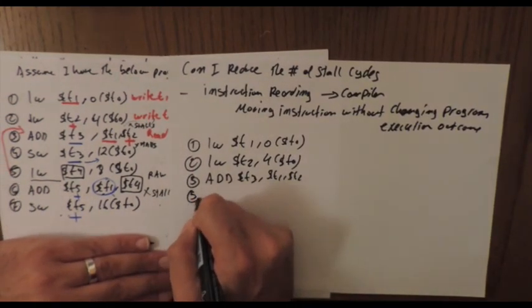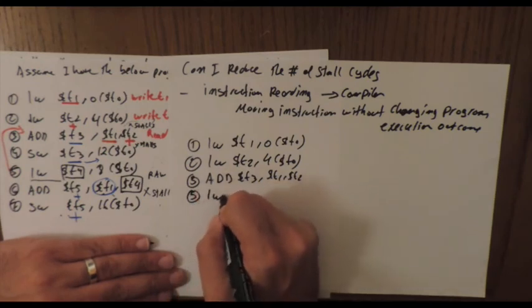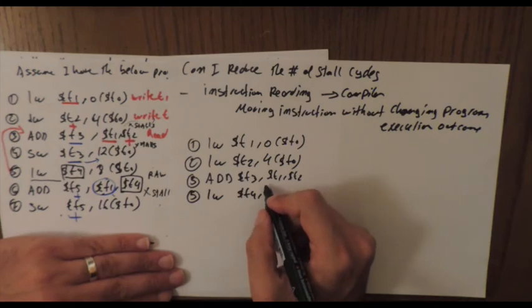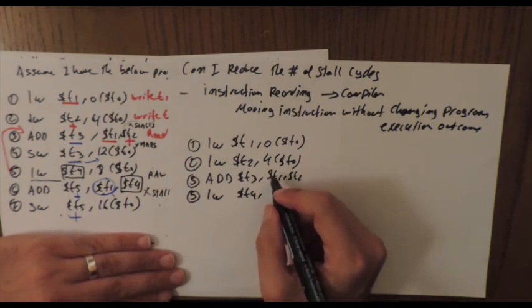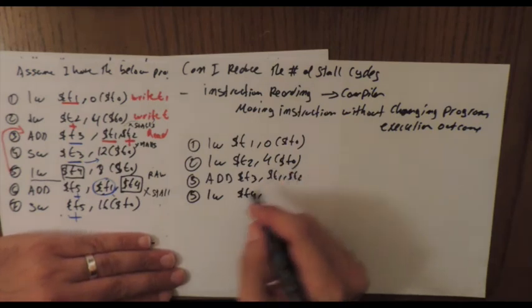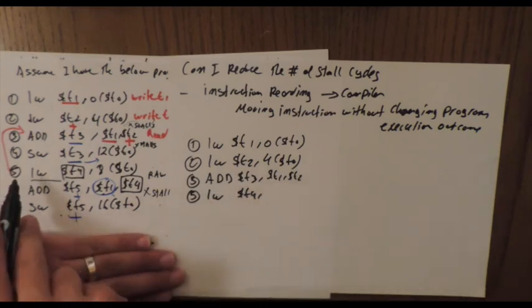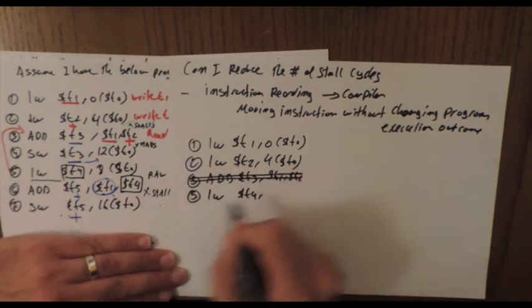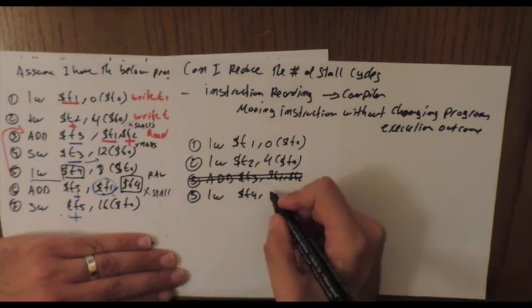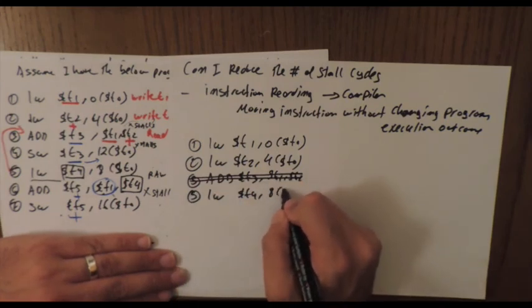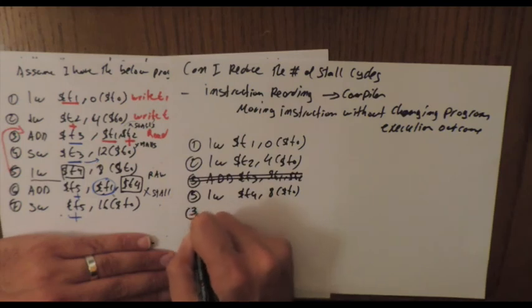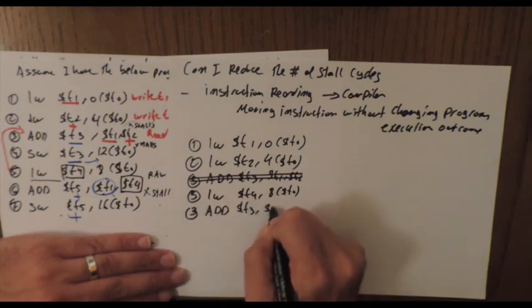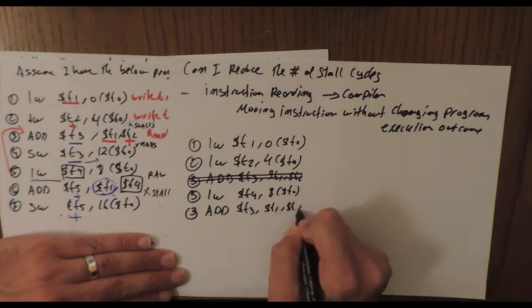So I'm going to take this out and place 5 here, LW T4, 8(T0), then add 3 here, add T3, T1, T2.